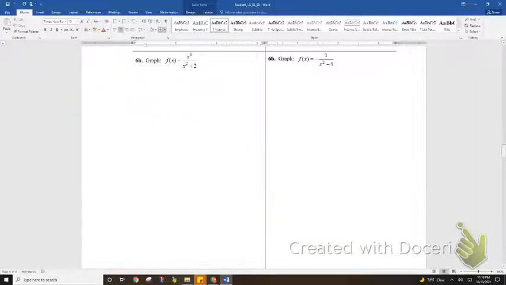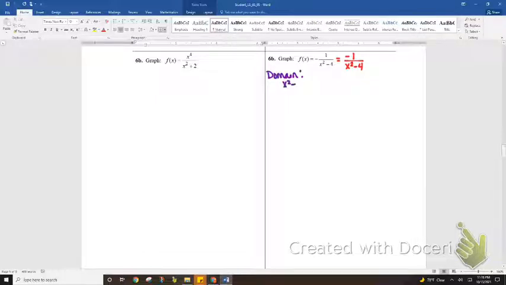Alright, let's try 6b. Here, pencil problem. Alright, so our domain. Now I'm going to put that negative 1 up there on top. Okay, so our domain. Our denominator cannot equal 0.